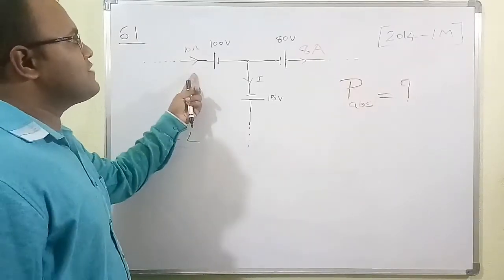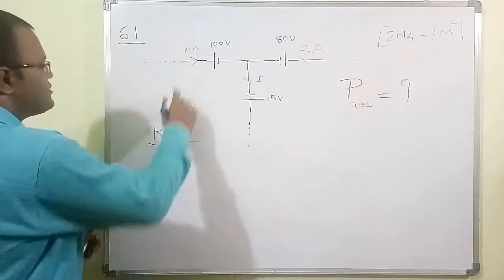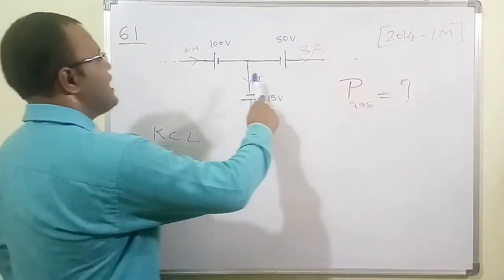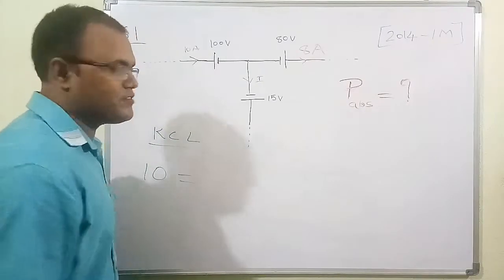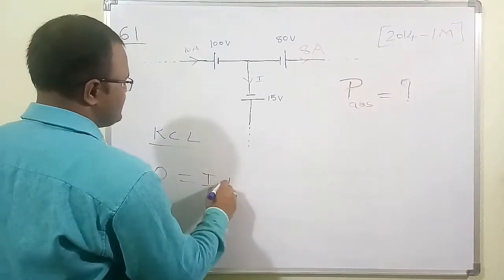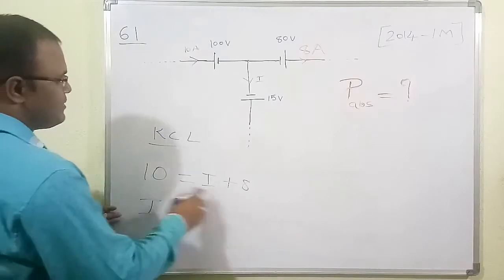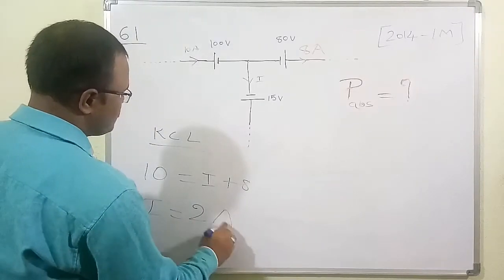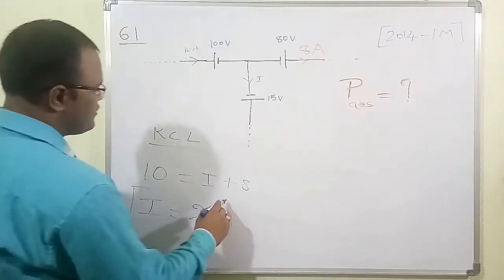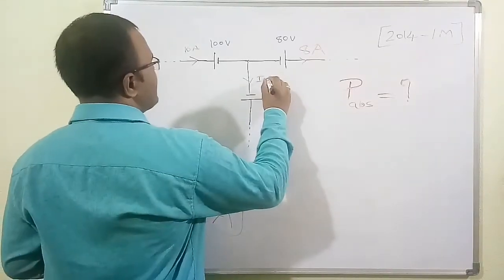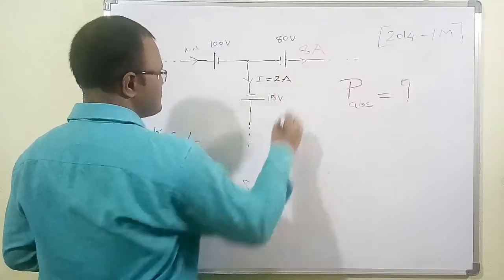There is only one incoming current, which is 10 ampere. The outgoing currents are I and another 8 ampere. So 10 equals I plus 8, which gives I equal to 2 ampere. So therefore the current in the 15 volt source is 2 ampere.